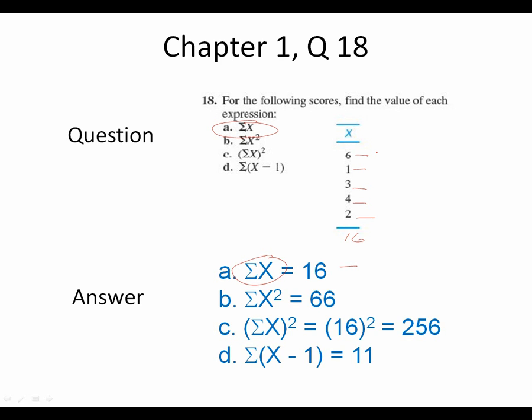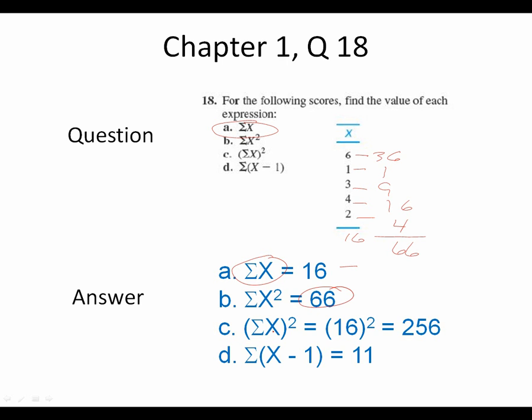It's right in the back of the textbook, order of operations. Take a look. So 6 times 6 is 36. 1 times 1 is 1. 3 times 3 is 9. 4 times 4 is 16. 2 times 2 is 4. And if I add those numbers up, what do I get? I get 66. So 66 right here. Now, before squaring, I add them up.